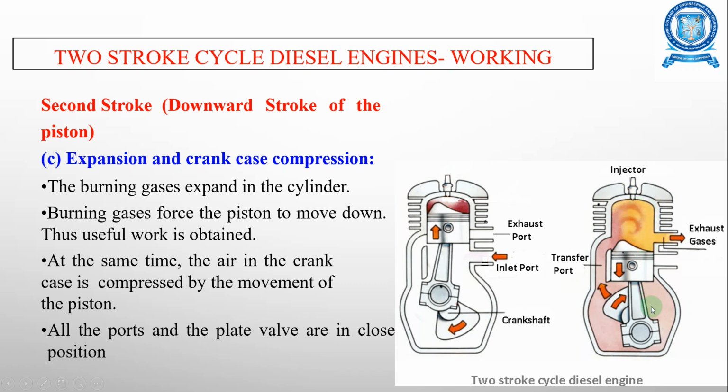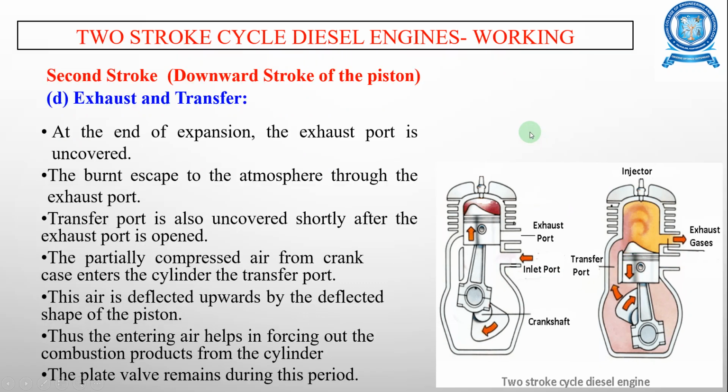At the same time, the air in the crankcase is also compressed by the movement of the piston. All the ports, that is the inlet, exhaust and transfer ports, are in a closed position.